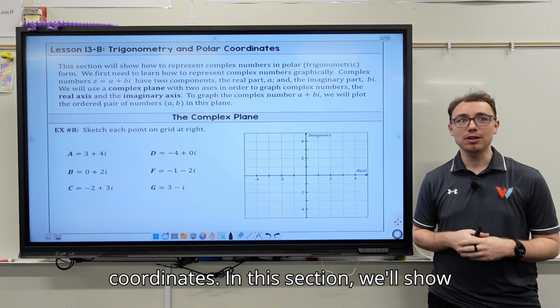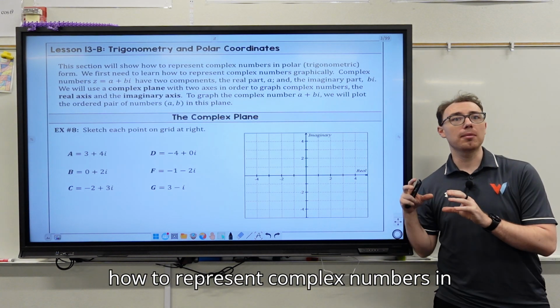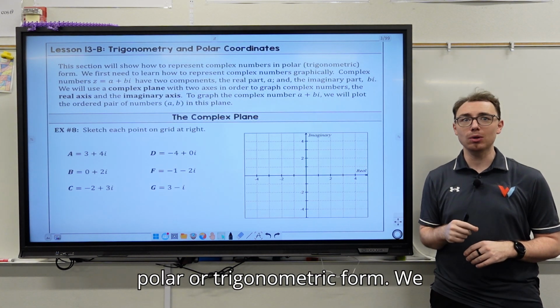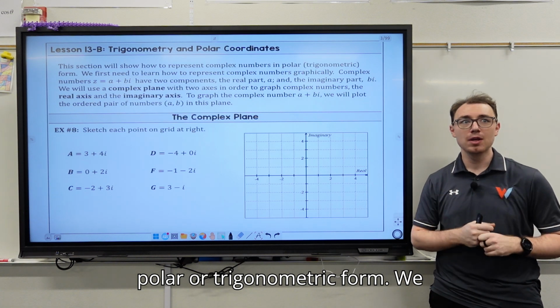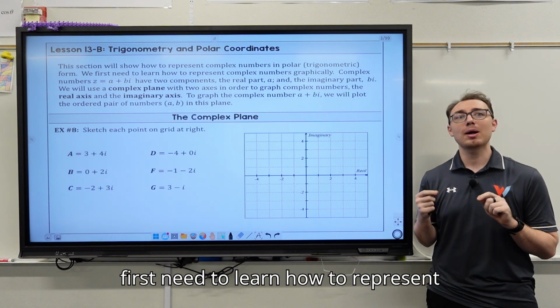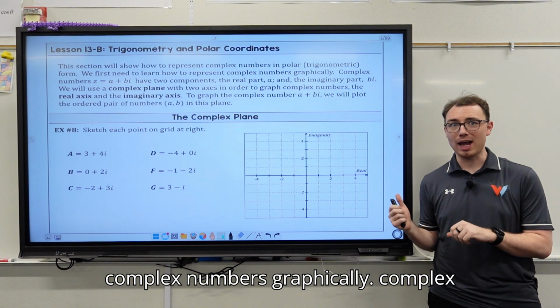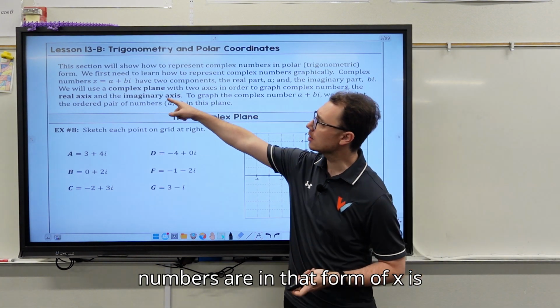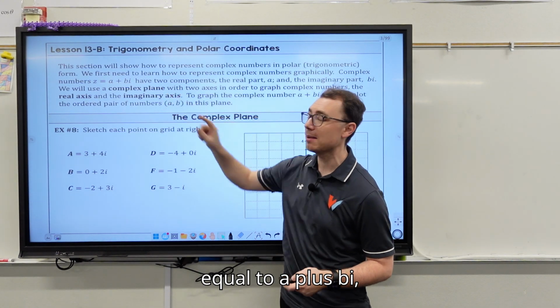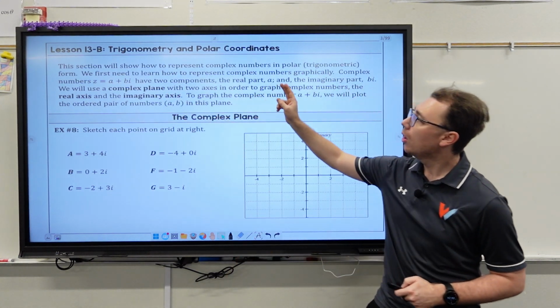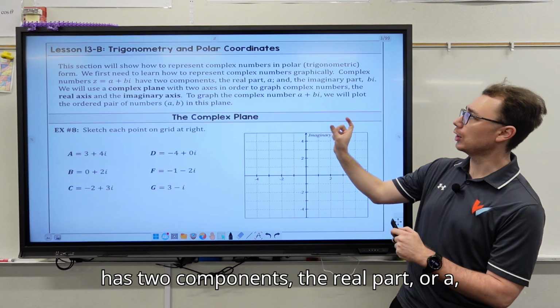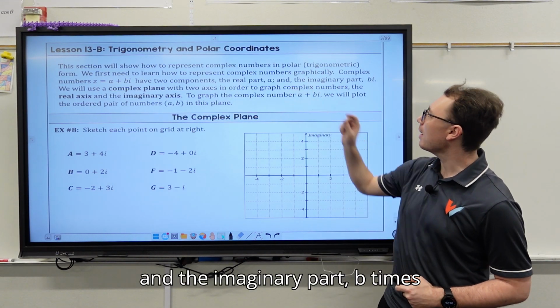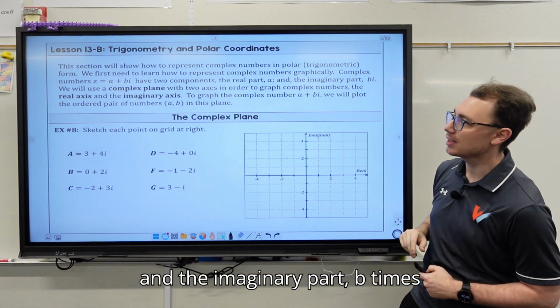In this section, we'll show how to represent complex numbers in polar or trigonometric form. We first need to learn how to represent complex numbers graphically. Complex numbers are in the form x = a + bi. They have two components: the real part, a, and the imaginary part, b times i.